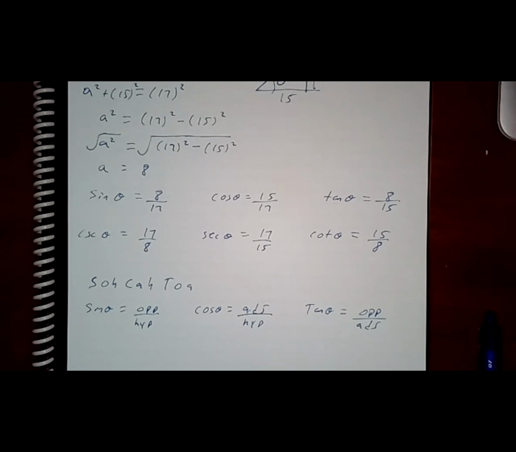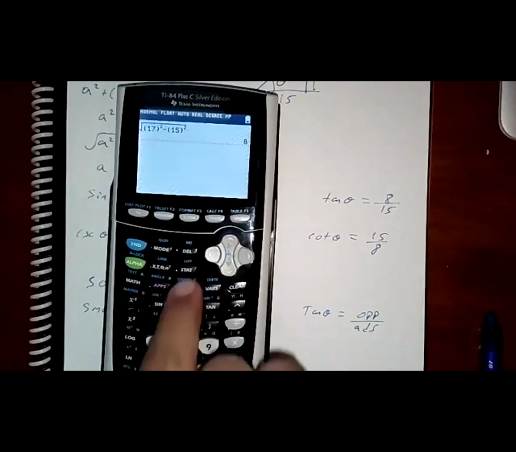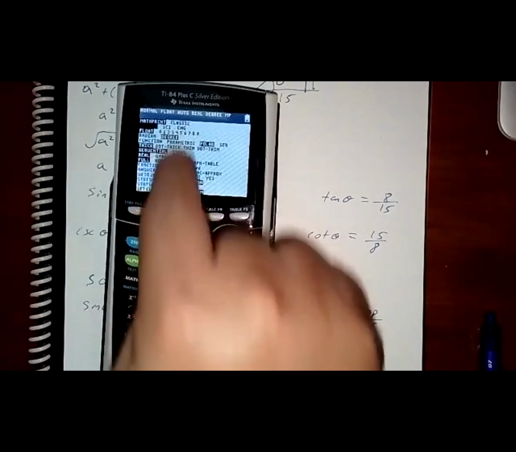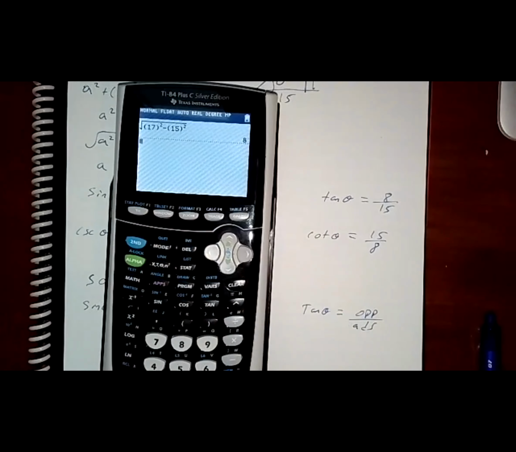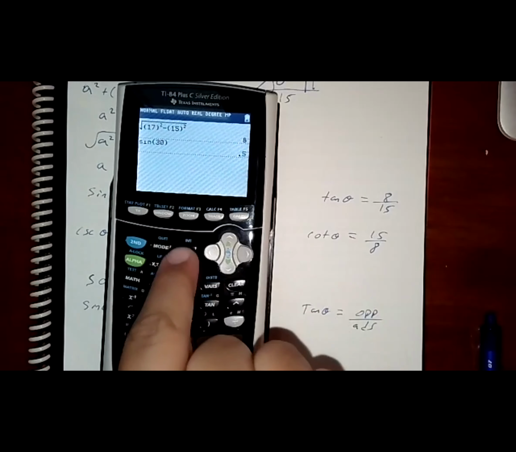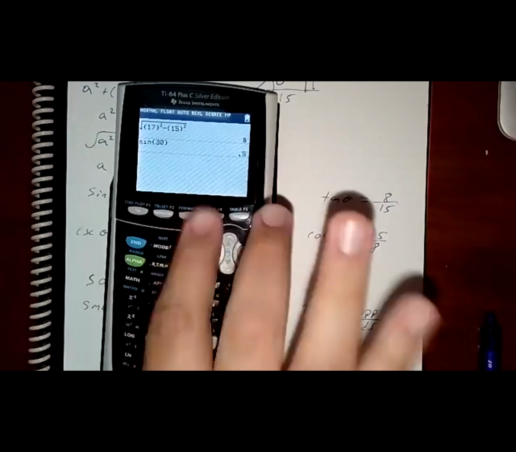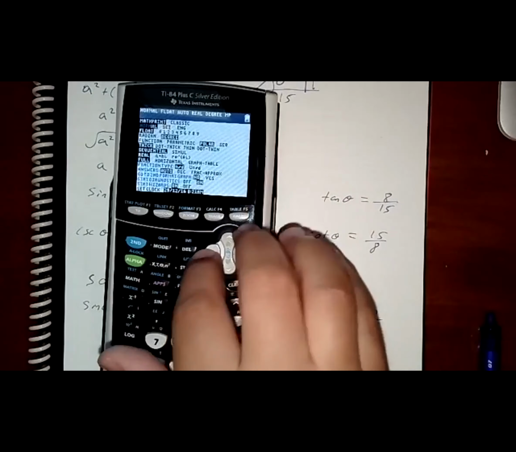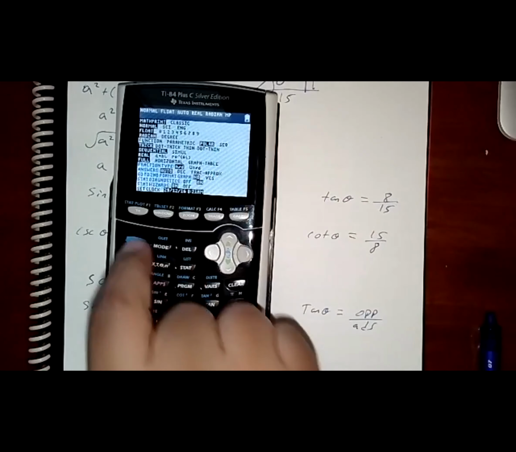To double check, sir, what is the purpose of changing it to radians? Oh, okay. Let me show you. Right now mine's in degrees, right? So if I were to use sine and plug in 30 degrees, I would get my answer, 1/2. But if I need to plug in pi or something, I have to go in there and change to radians to use pi.